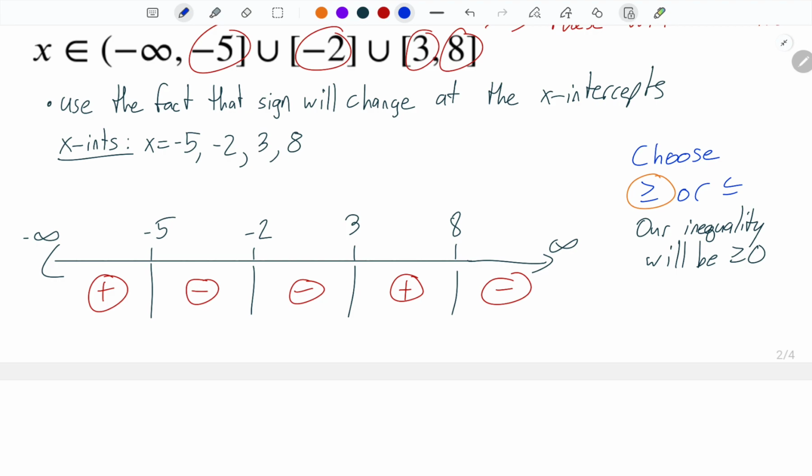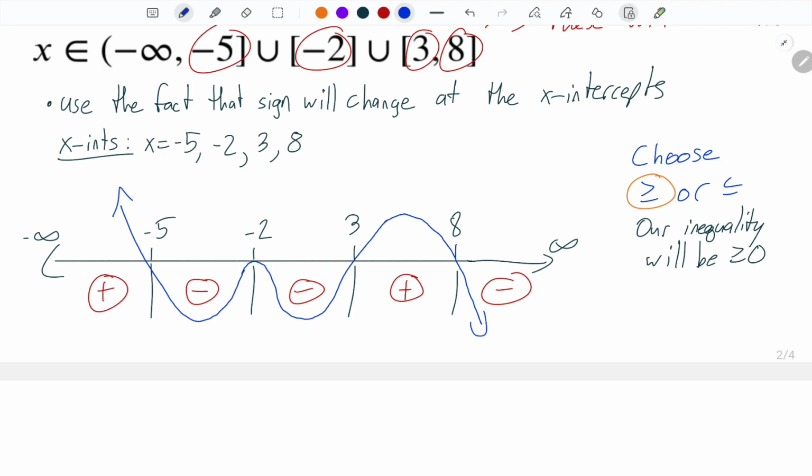And what I'm going to do is just a rough little graph of what our function might look like. So our function might go to -5. And at -5, the sign is changing, so it's just negative. And then it goes to -2, and well, it stays negative. So it hits -2 and goes back. Then it goes to 3 and becomes positive. And then it goes to 8 and goes back down to negative.